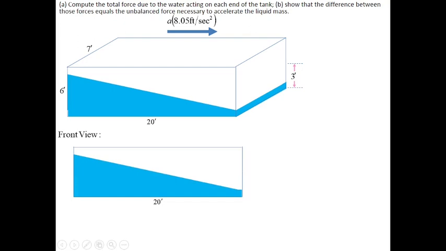So, yan ang front view niya. Okay. 20 feet. So, therefore, meron kang force. Compute the total force due to the water acting on each end of the tank. So, there is now hydrostatic force exerted on the left side of the tank. And on the right side, another hydrostatic force.